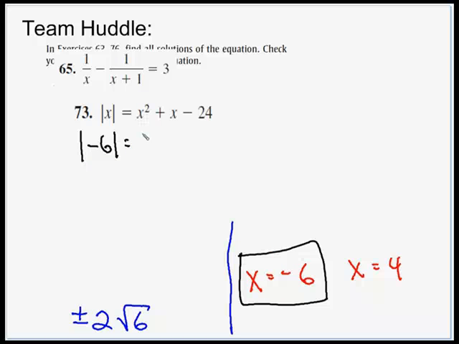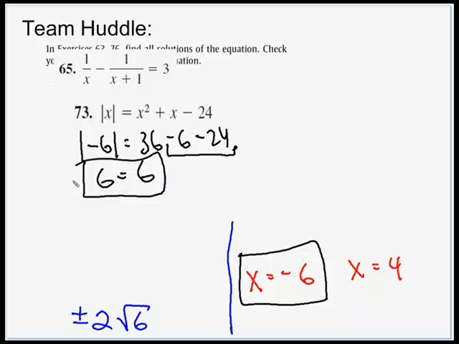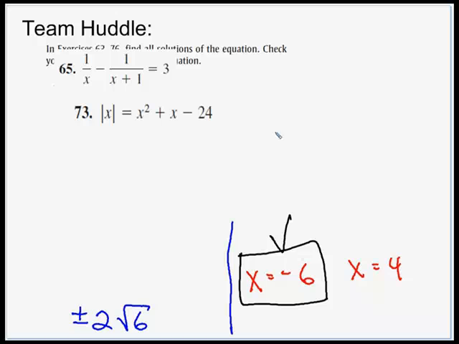Negative 6 squared is 36, plus a negative 6 minus 24. The bars over here make that negative 6 positive. And here we have 36 minus, those two terms will add up to minus 30. So 36 minus 30 is 6. And that does check out. That's a good answer.